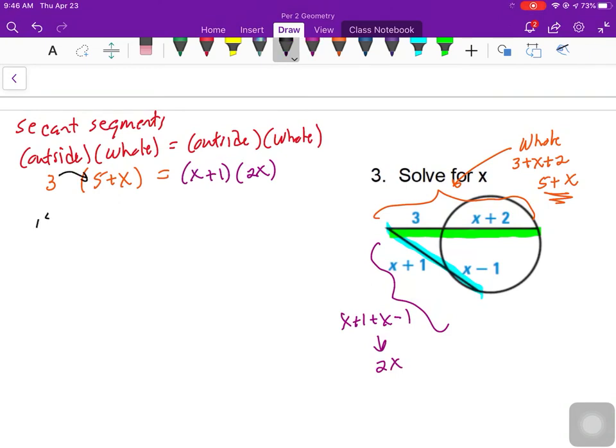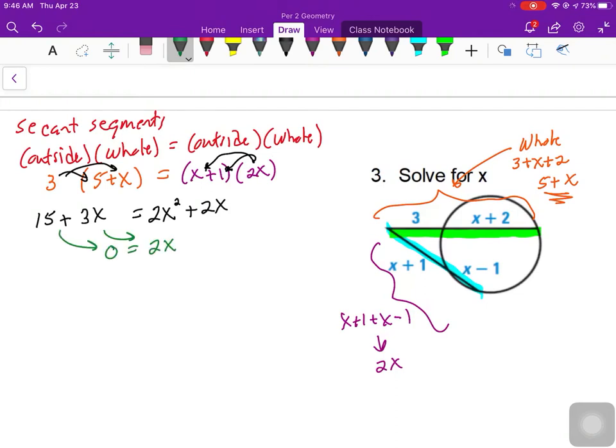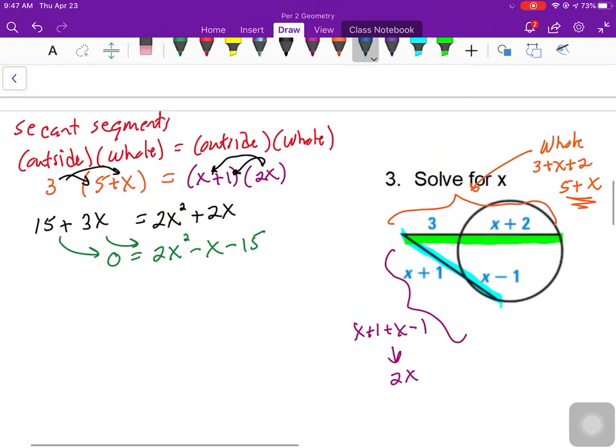Now comes the algebra. 3 times 5, 15. 3 times x, 3x. 2x times x, 2x squared. 2x times 1, 2x. We're going to move everything to the right side to go ahead and solve this. So I'm going to move that over and move that over. I get 0 equals 2x squared minus x minus 15. And yet again, we're going to factor.